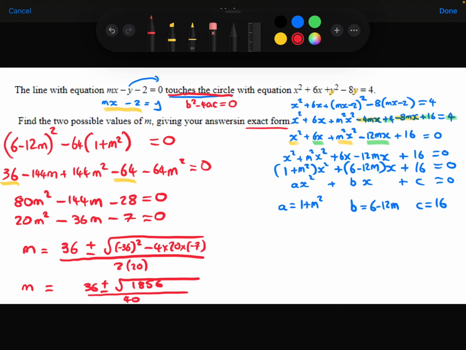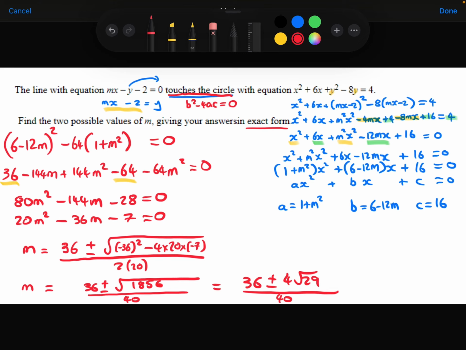The square root of 1,856, well, if I was to simplify that surd, that is 8 root 29.